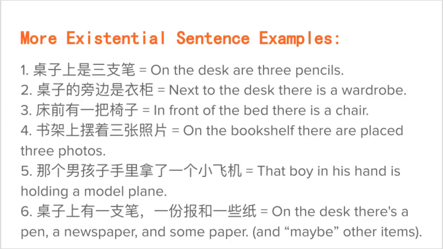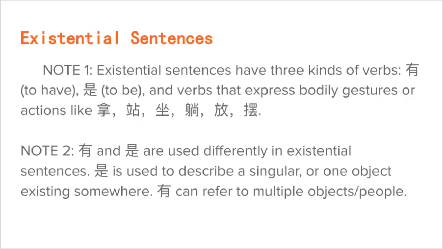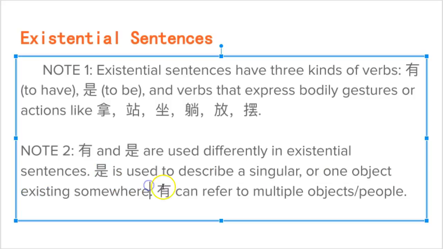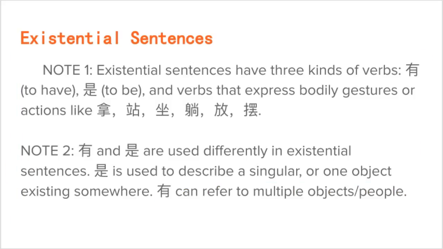So in terms of 有 and 是, we're not going to focus on them as existential sentence verbs, but I'll talk about them briefly right now. 有 and 是 both mean kind of is or have, but they're used a little bit differently. So 是 is used to describe a singular object. And 有 usually refers to multiple objects. And so you'd use them in those different contexts.